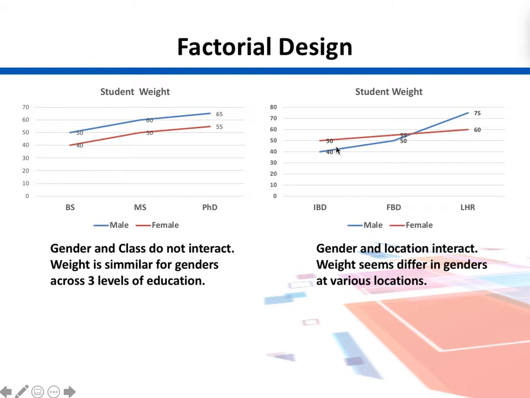The levels of gender interact with the levels of locations. So this kind of thing, where we see the lines crossing each other, is called an interaction. Here gender and class do not interact. Weight is similar for both genders across the three levels of education. Here gender and location interact, and weight seems to differ between genders at various locations.